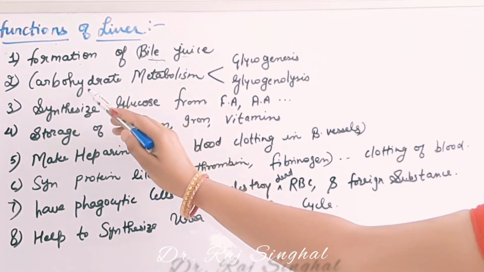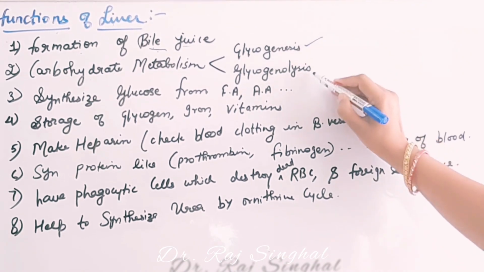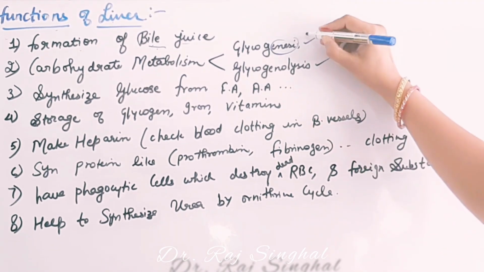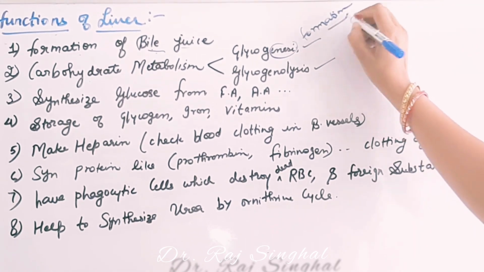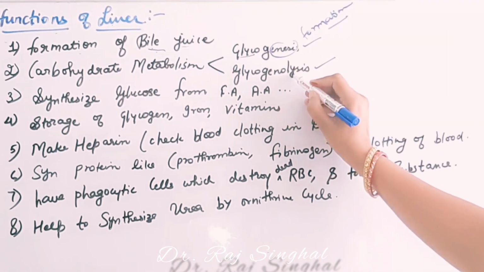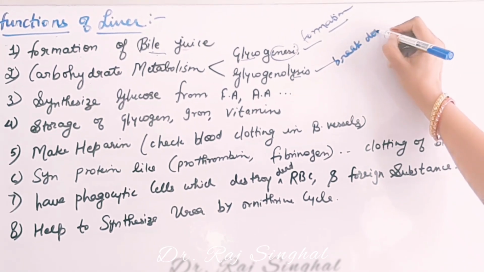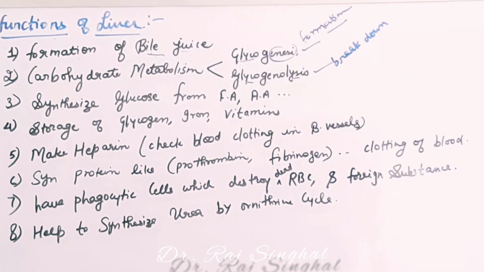The liver also helps in the metabolism of carbohydrates by the processes of glycogenesis and glycogenolysis. Genesis means formation, so the liver helps in the formation of glycogen. Lysis means breakdown, so the liver helps in the breakdown of glycogen at the time of need.